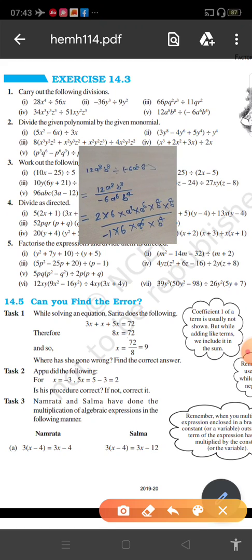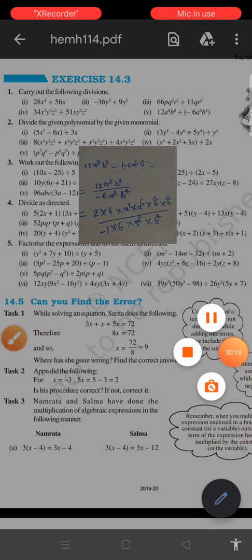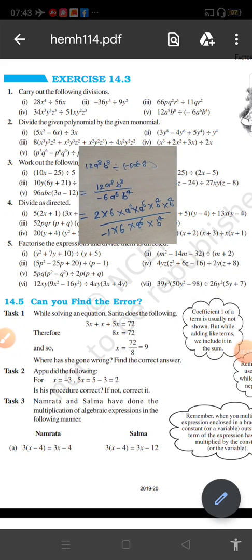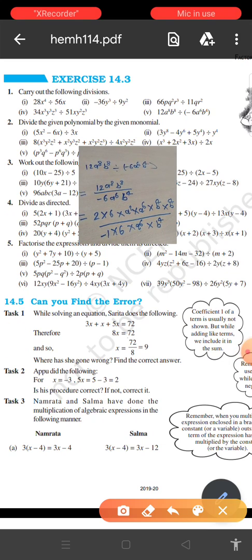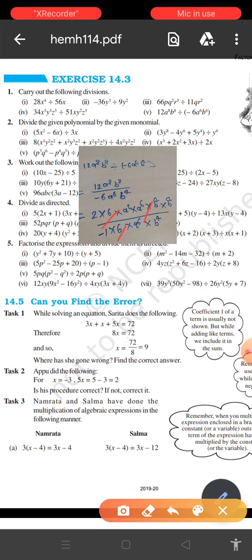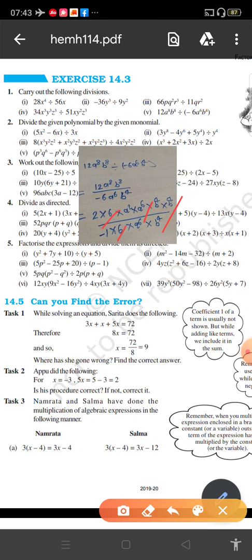So I hope, student, all of you observe what is the common factor between them, and you also cancel it. So you can see here 6 is cancelled, a power 6 is cancelled, b power 4 is also cancelled here. Okay.